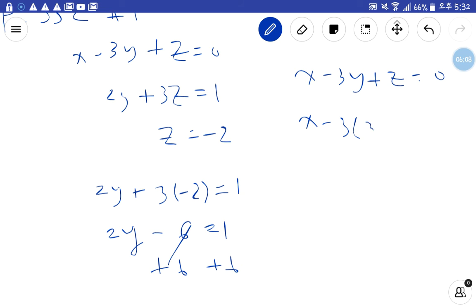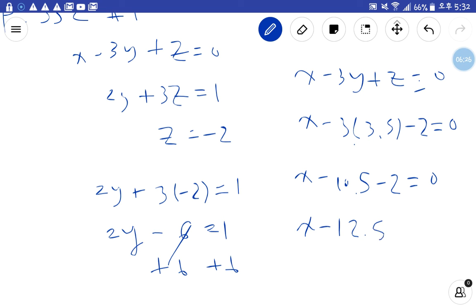Plug 3.5 here, and minus 2 should be 0. x minus 3 times 3.5 is 10.5, minus 2 equals 0. x minus 12.5 equals 0.